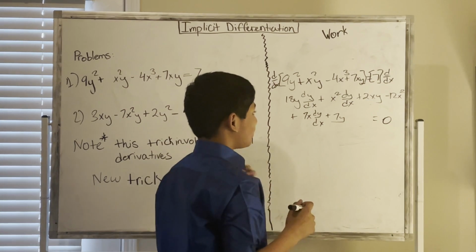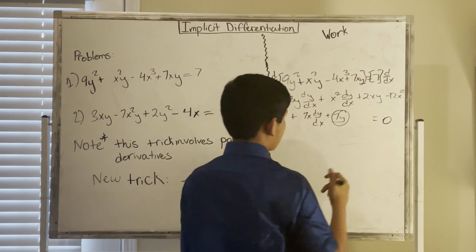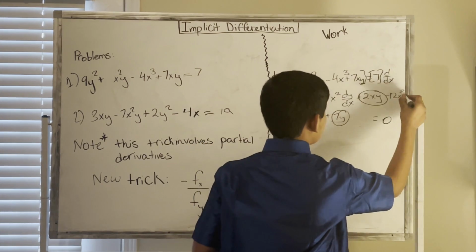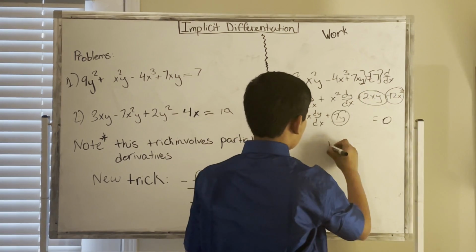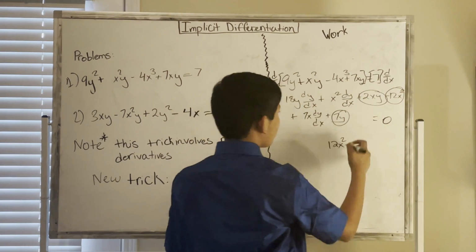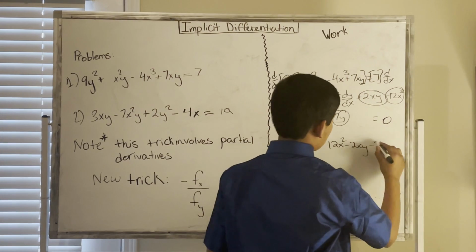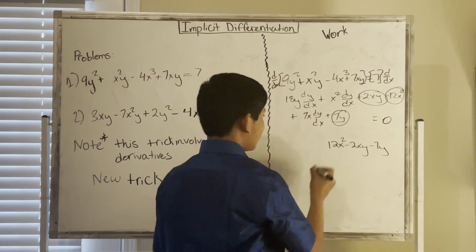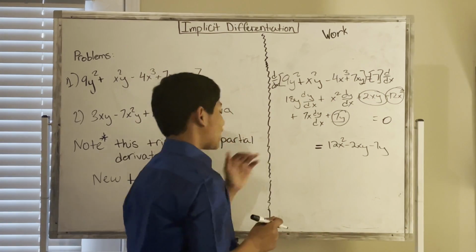So normally, how would we solve this? Well, we would take all the terms that do not have a dy over dx, which are these terms, and just move them to the other side. So this will become positive 12x squared. This will become negative 2xy. This will become negative 7y. Now, this is equal to all of the other terms on the left-hand side.